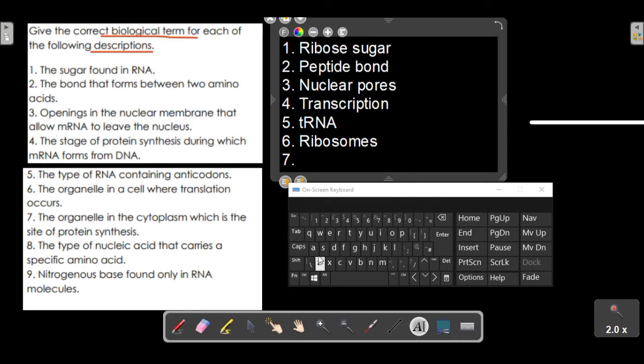If this is the organelle in a cell where translation occurs, then that should be the cytoplasm, then. Yes, I made a mistake there. The organelle in the cytoplasm which is the site of protein synthesis is your ribosome.